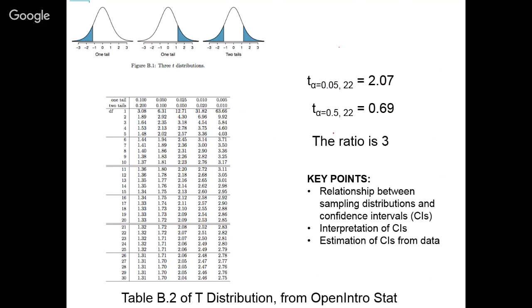So the key points to remember here are the relationship between sampling distributions and the confidence intervals. You remember that the central limit theorem gave us the relationship between a population distribution and a sampling distribution.